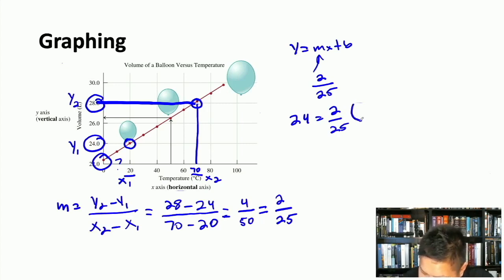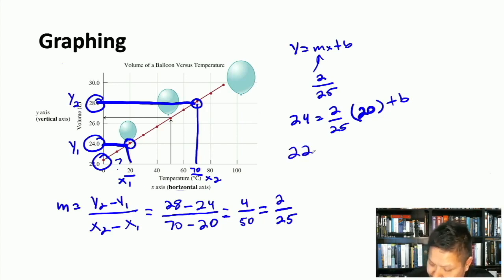What is the x that corresponds to that y? That's 24, and it corresponds to 20, right? Plus b. And now we have a variable to solve for, okay? How do we solve for that variable? Super easy, because the b is by itself. We want to get b by itself, so all we have to do is say 24.